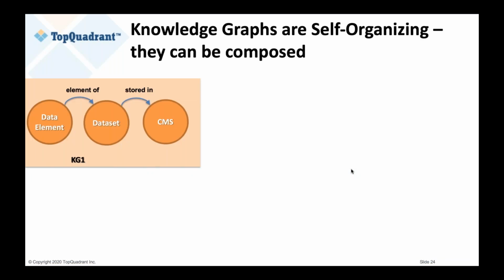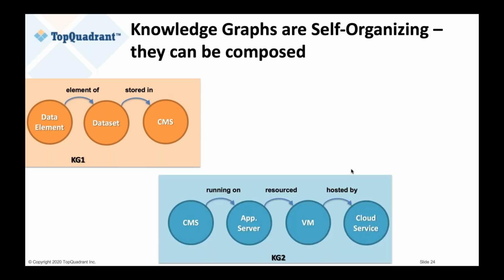I've mentioned a few times during this webinar how knowledge graphs can be connected, internal, external, also different knowledge graphs within your organization, because we all have islands of data that we want to connect. The way it works is that you could have individual graphs. Here we could have knowledge graph 1 that talks about data elements, parts of data sets stored in some kind of system.